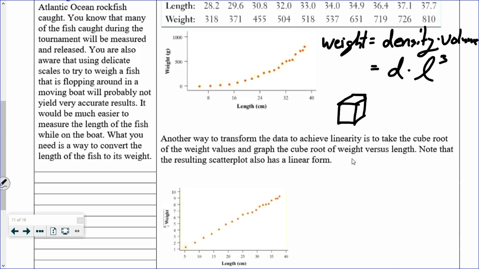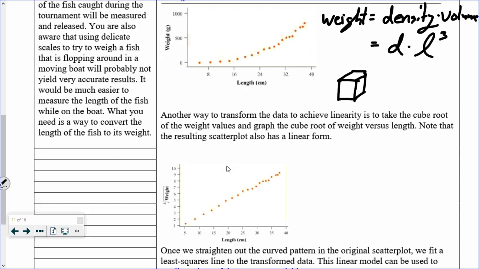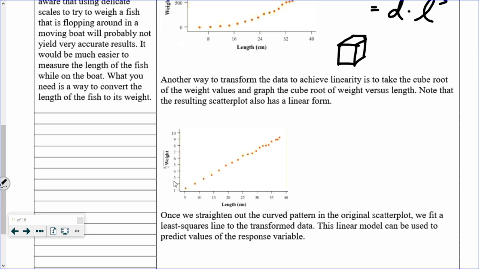So if we know the particular form of a relationship, knowing that volume is length cubed, and that the relationship between volume and density is just a constant relationship, then we could have turned this curved plot into a straight plot by performing this particular transformation only on the y variable.